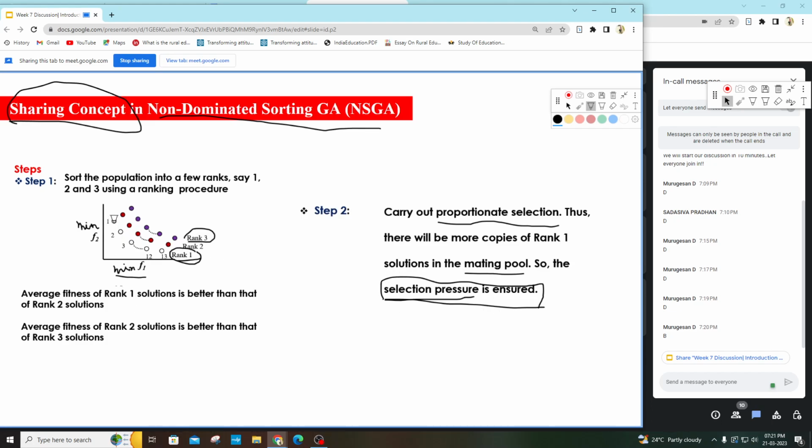Selection pressure is ensured by getting more copies of points that have lower rank than more copies of points that have higher rank. So here you can see the more copies will be of rank 1 than more copies of rank 2 and 3. So that is why first statement is correct.